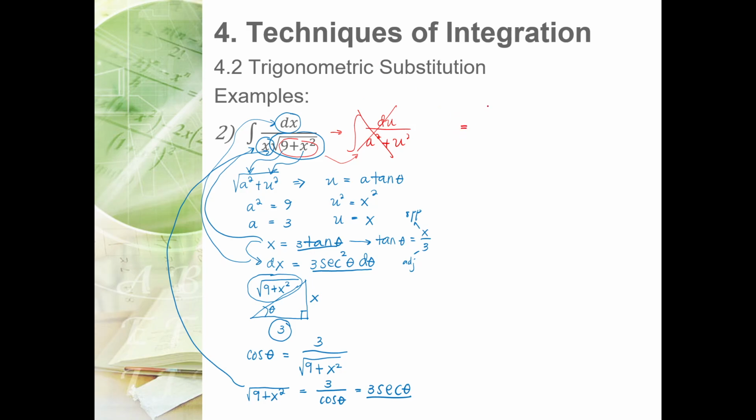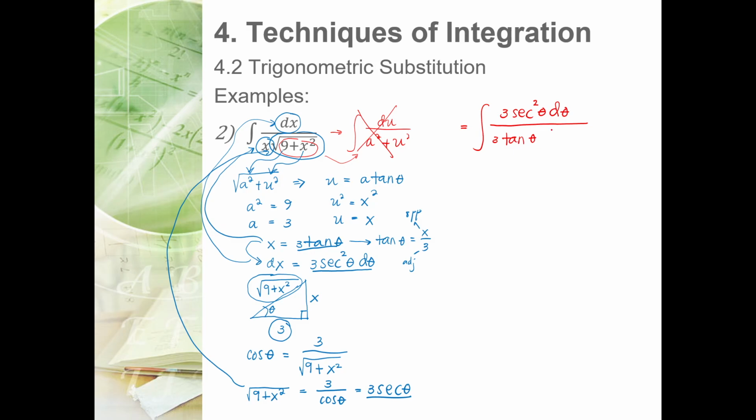Alright, replacing, starting with dx, that's 3 secant squared theta d theta. Then the x parameter is 3 tangent theta.